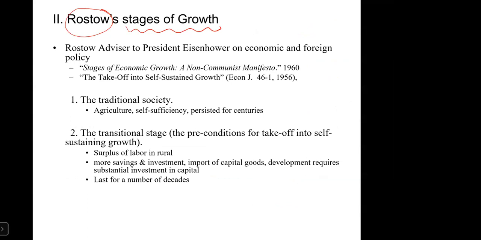The interesting thing I want to bring to your attention, though this probably just keeps you awake: when I was reading Rostow's biography, his father came from Russia. So his father's original name is not Rostow.